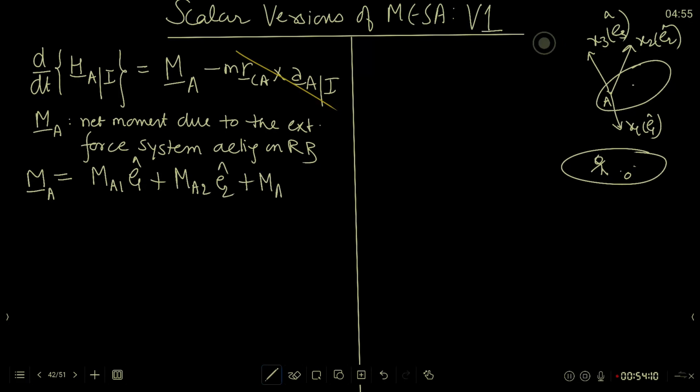For that matter, any vector I should be able to write as 3 scalar components correspondingly multiplied by E1, E2, E3, and that gives you the vector. Okay, so these are scalar components of M_A relative to our working coordinate system, which is this.